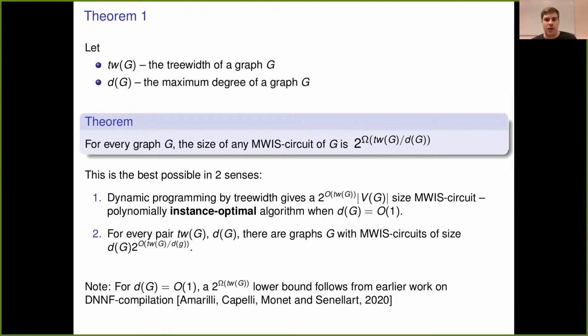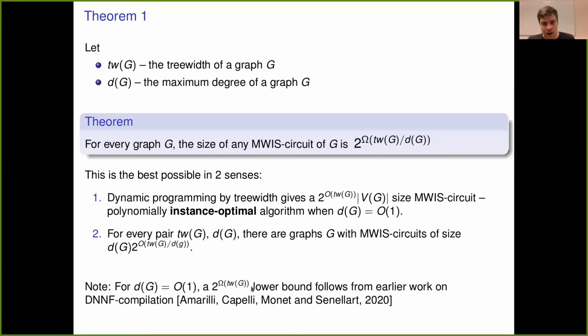And finally, for theorem 1, one thing I want to note, which I didn't know myself when I submitted this paper, is that from earlier work on DNF compilation, it follows somewhat non-trivially that we have an exponential in tree width lower bound for MWI circuits for constant degree. So from this work, this lower bound follows for bounded degree graphs.